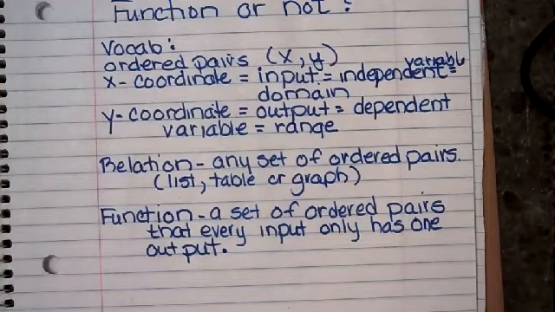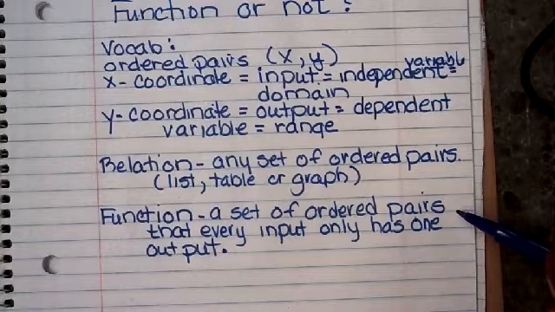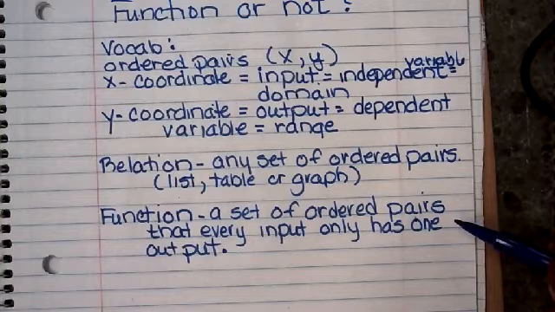Okay, so a function is a relation because it is a set of ordered pairs, but they're a special case of relations because it means every input in the set has only one output.